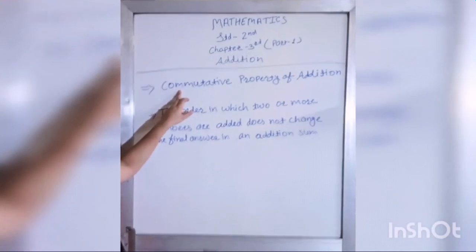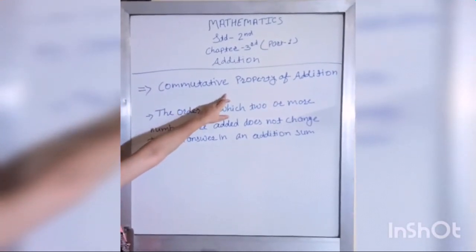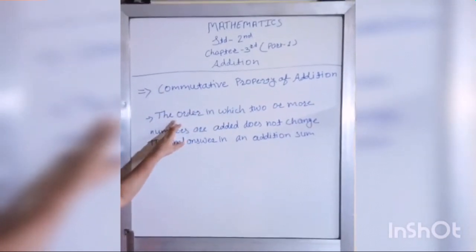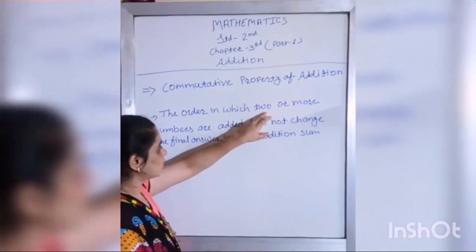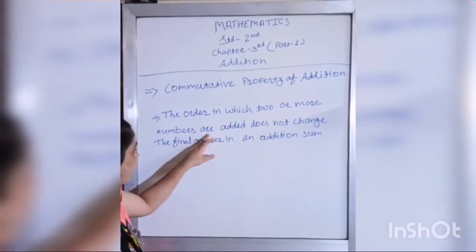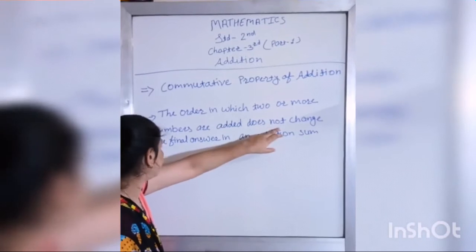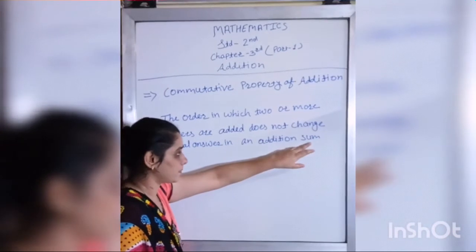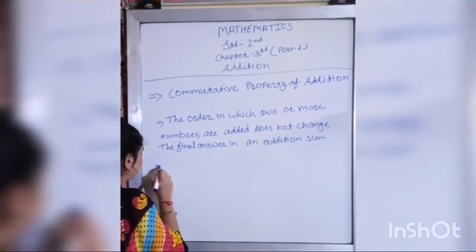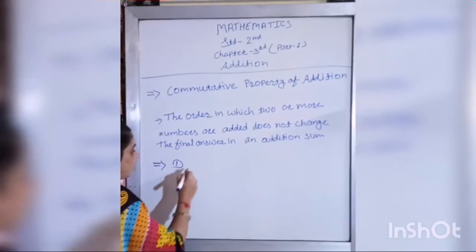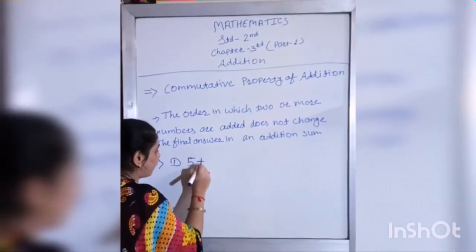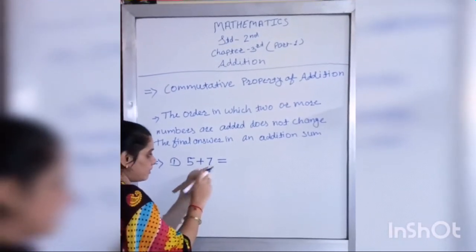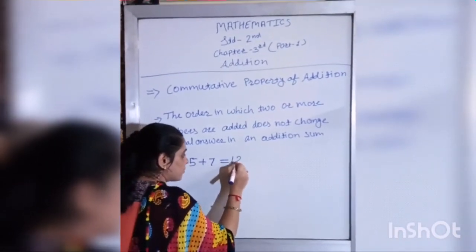Next, see commutative property of addition. What is meant by the commutative property of addition? The order in which 2 or more numbers are added does not change the final answer in an addition sum. We'll see an example. When I add 5 in 7, what is the answer of 5 plus 7? The answer is 12.